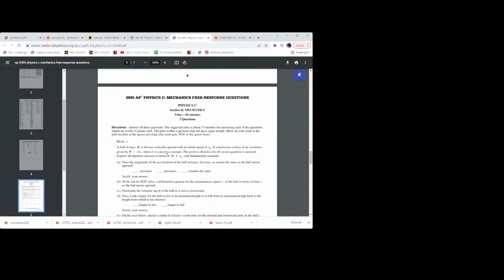Okay, let's see, 2005. The goat, air resistance. Okay. This decreases, by the way. Decreases to 0. So just terminal velocity. Wait, actually, magnitude of acceleration.